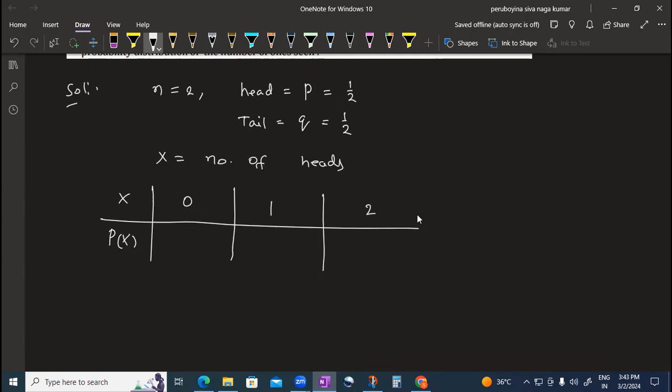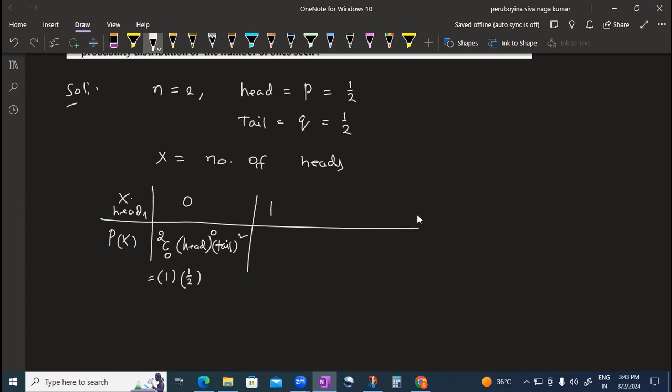So x is heads. 0 heads. So out of 2 tosses, select 0 times you have to get a head. How many times? 0 times. 0 heads with 2 coins tossed means both are tails only. 2 tails. 2C0 is 1.